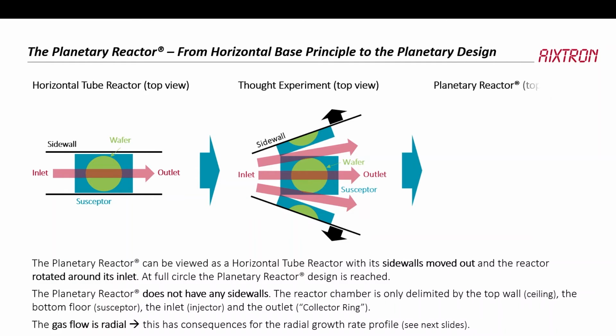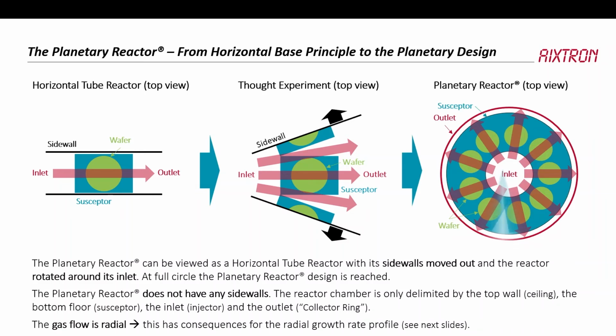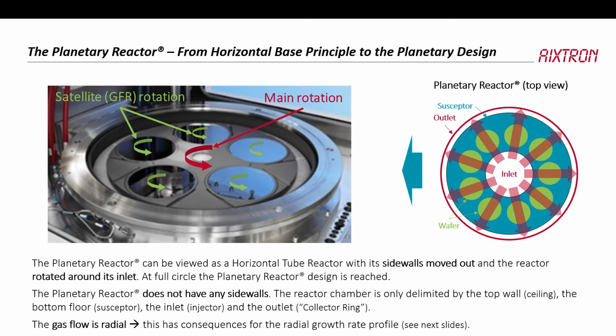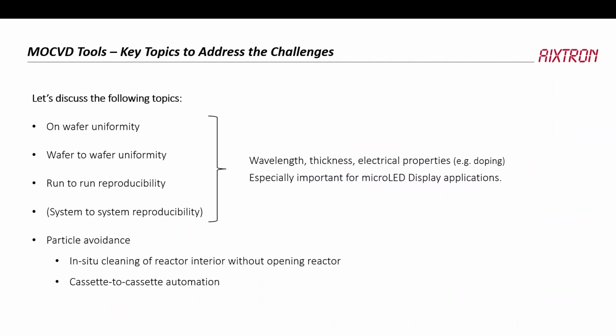What you end up with is a planetary reactor. This is how we come from a horizontal tube reactor to a horizontal planetary reactor.